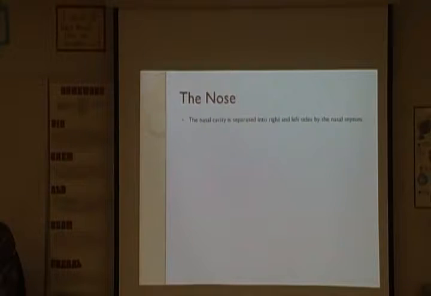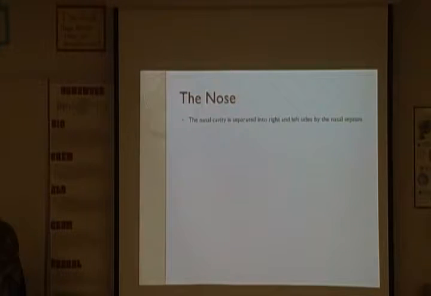So we have two noses? No, you have two chambers in your nose. The nasal septum consists of both cartilage and bone, but it is rarely situated exactly in the middle of the nose. Usually one of your nasal cavities is larger than the other.